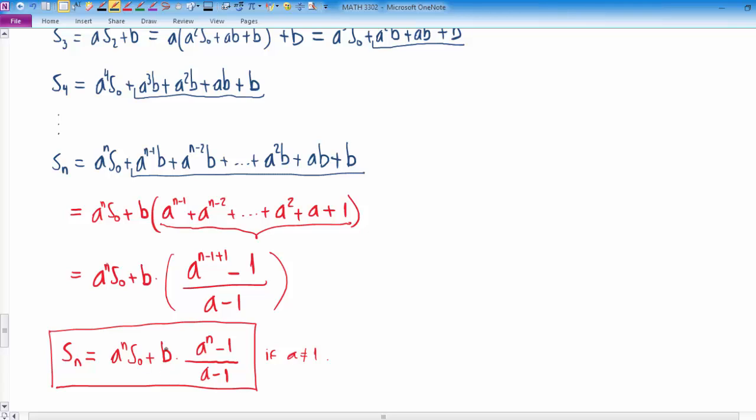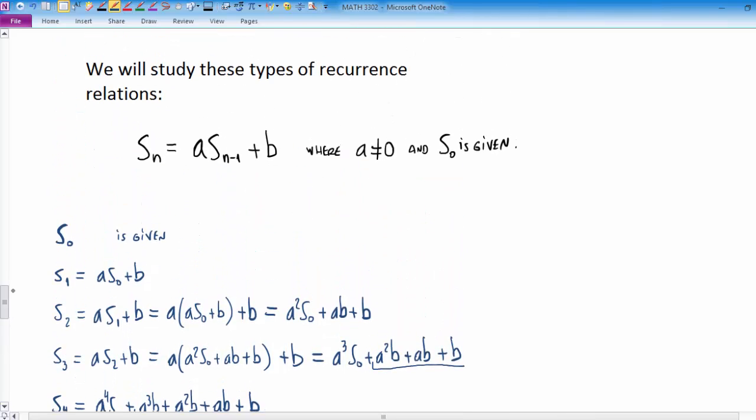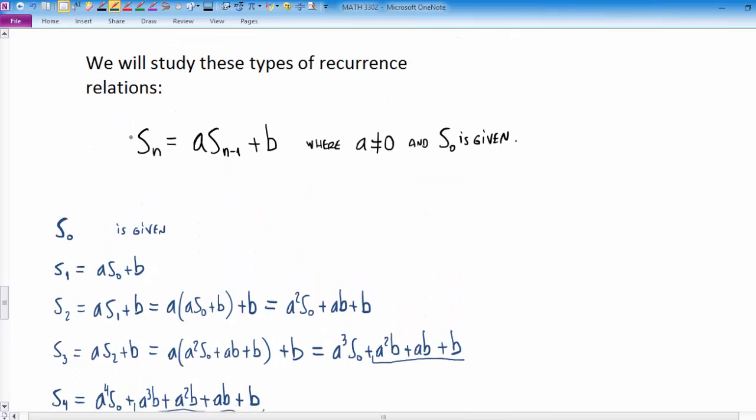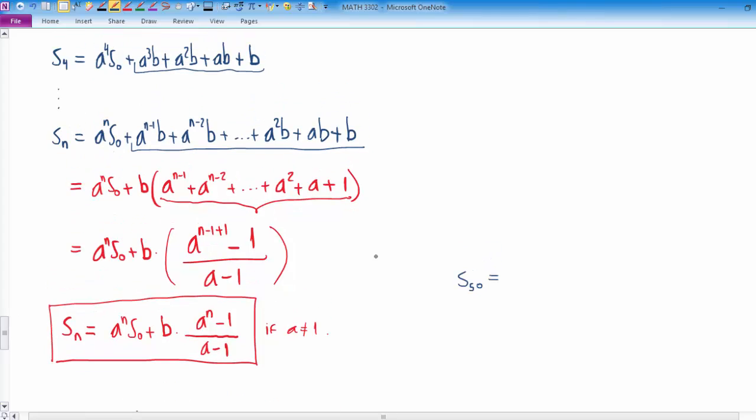And this is very useful because let's say, for example, you want to find S50. Normally, you would need the original recurrence relation given by this, right? So S50 would be A times S49 plus B. But in order to find S50, you need S49.